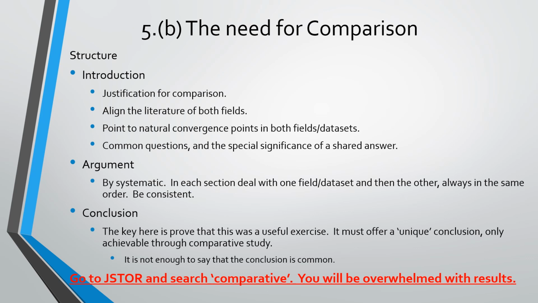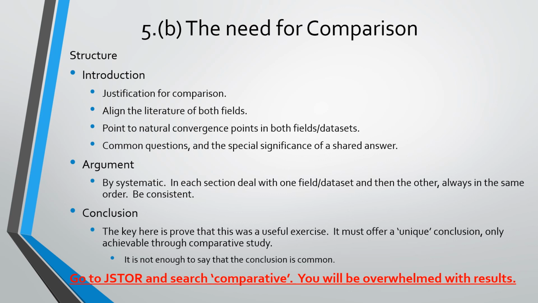You have to justify the comparison, and the way that you have to do that is to align the literature of both fields. You need to say, look, academics in both areas have addressed effectively the same questions. It may not be obvious they were asking the same questions, but if I explain it to you, then you can see the points of intersection or points of natural convergence of both fields.